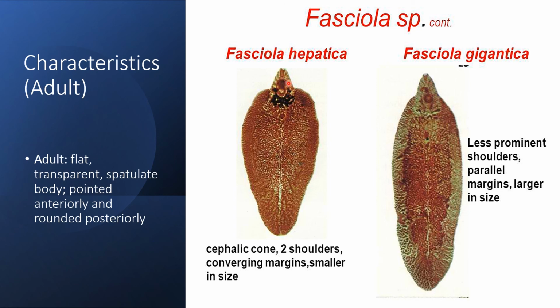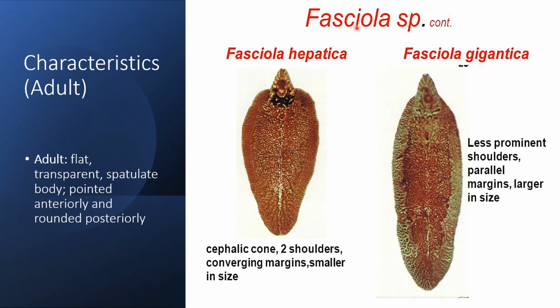So here, it has a marked widening at the base of the cone. So here, the cephalic cone expands more. While your Fasciola gigantica, this one has a less prominent cephalic cone.